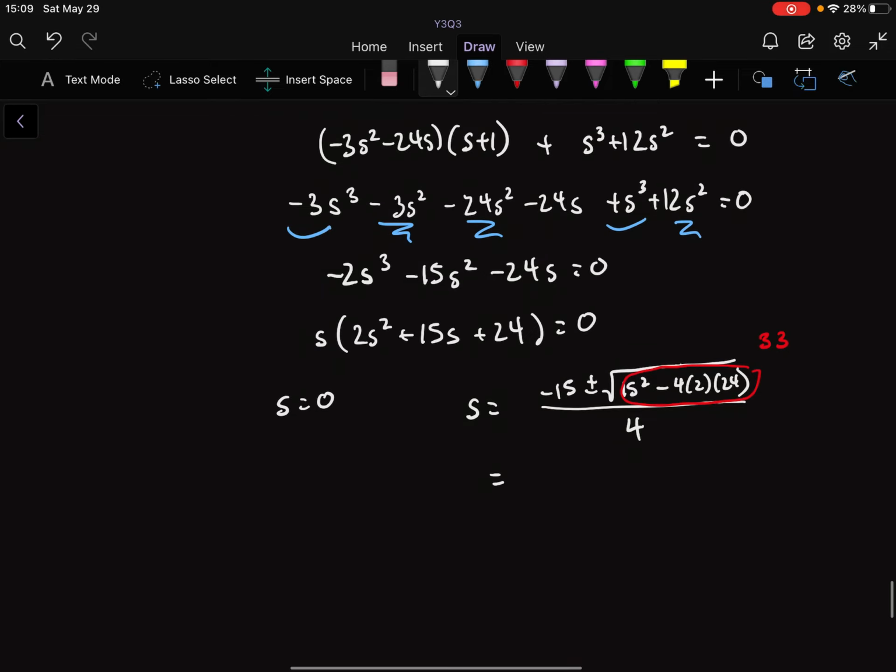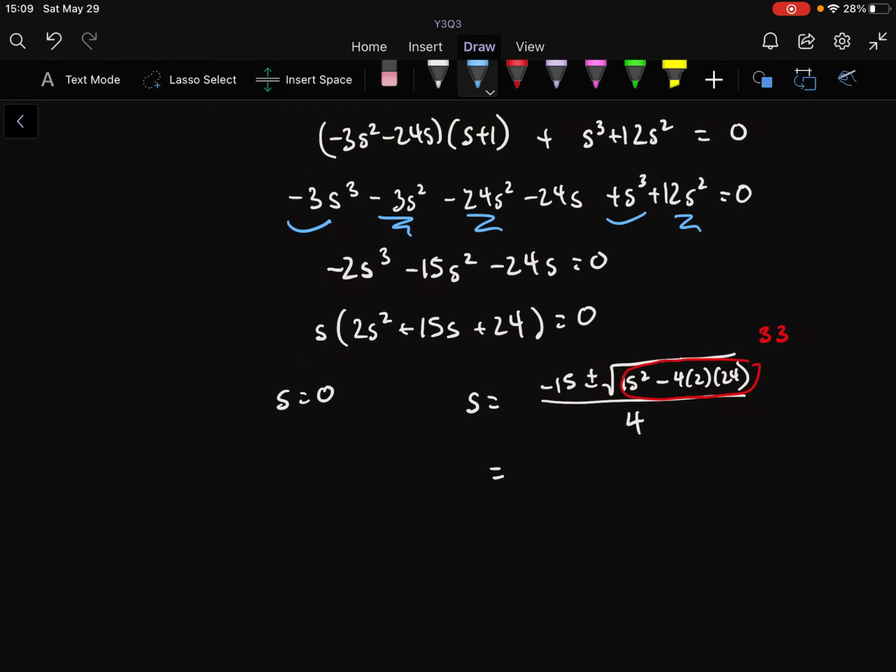For plus, it will be negative 2.31, and also for minus, it will be negative 5.19.